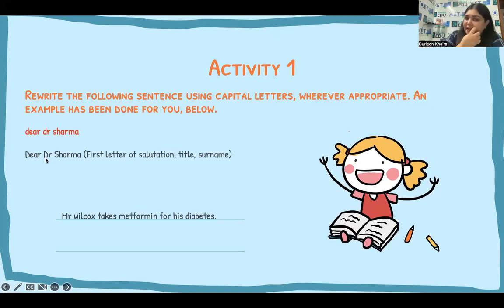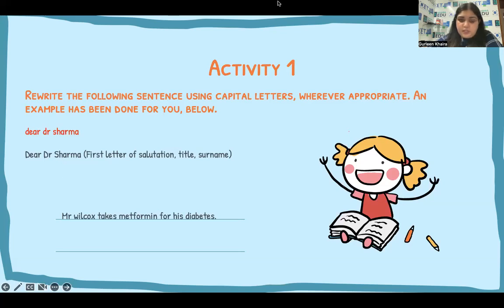When you're mentioning the salutation, Mr., Miss, Doctor, Professor, the first letter is capitalized. So for Mr., M will be capitalized. For Miss, M will be capitalized. For Prof, when you're writing for Professor, P will be capitalized. And then because Sharma is a surname, it's a proper noun, that's why S will also be capitalized. That's why this will be the correct form. Dear, D capital, Doctor, D capital, Sharma.